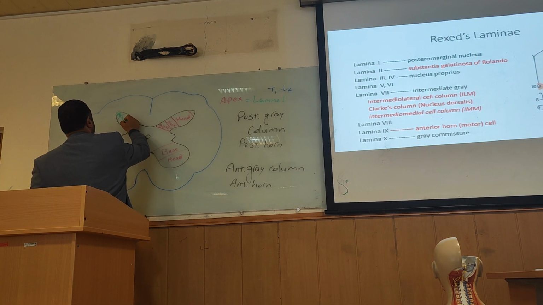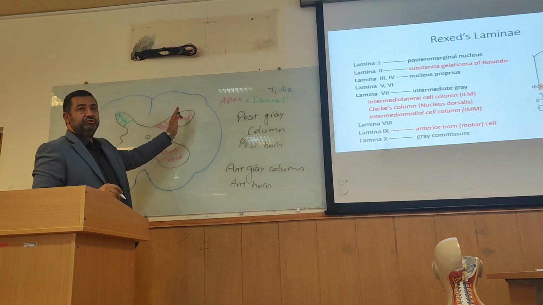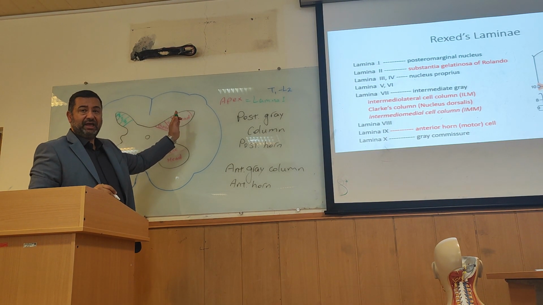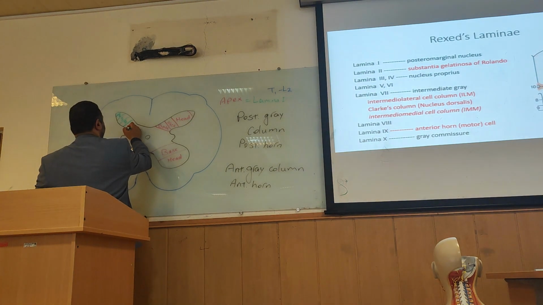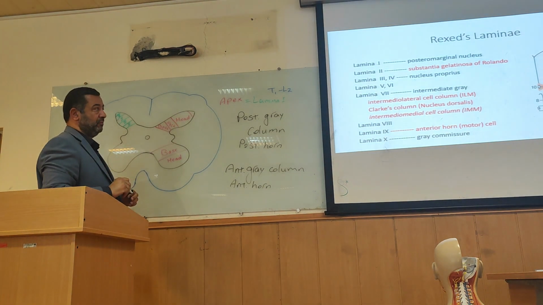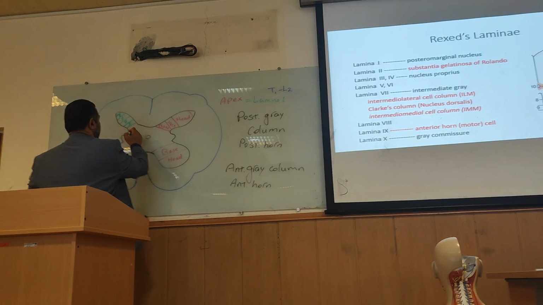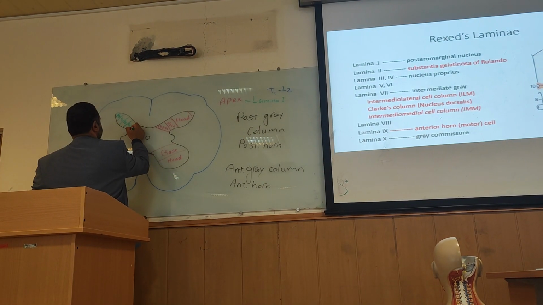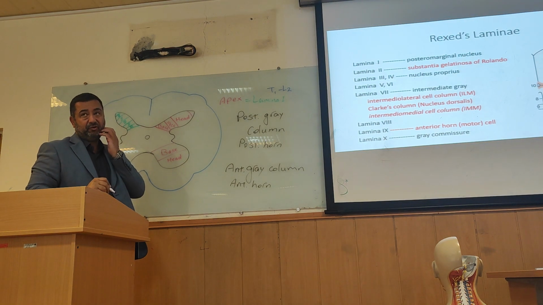Lamina 3 and lamina 4 are located in the head. Lamina 2, 3, and 4 are located in the head. Lamina 5 is in the neck. And lamina 6 is in the base. Okay?